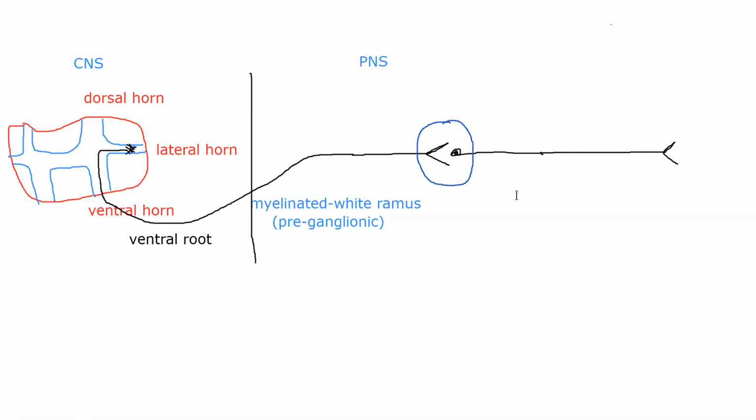So at this point, it is now unmyelinated, and we call it a gray ramus fiber. And this is that second neuron, the postganglionic neuron. Right, and then we get out here to our various effector tissues.